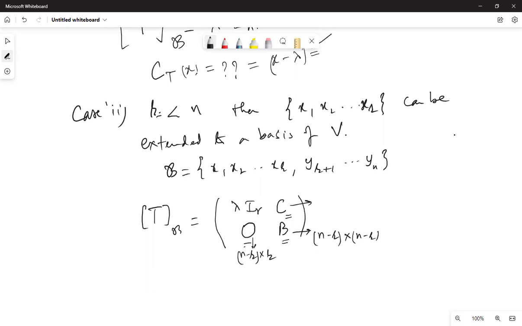Here there would be r rows and n minus r columns. Then what is CTX? CTX is (x minus lambda) raised to the power r into the determinant of x I_{n-r} minus B. Check that.